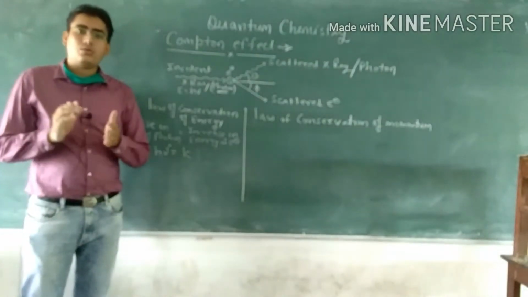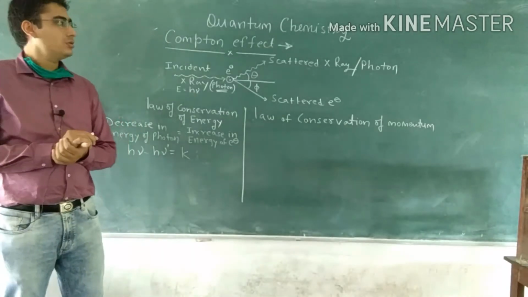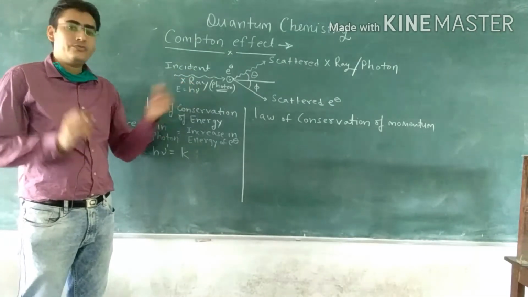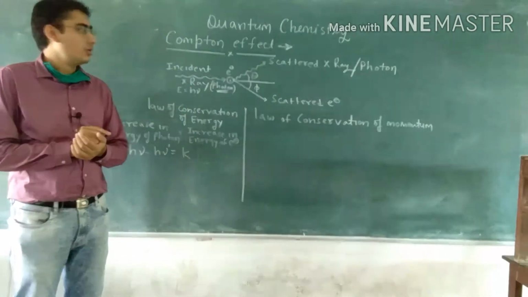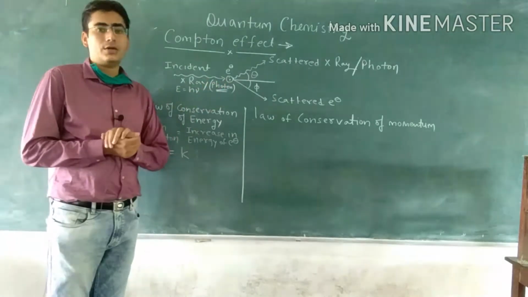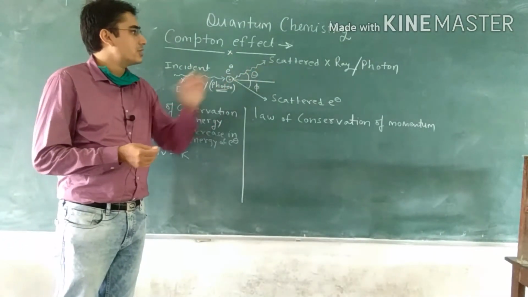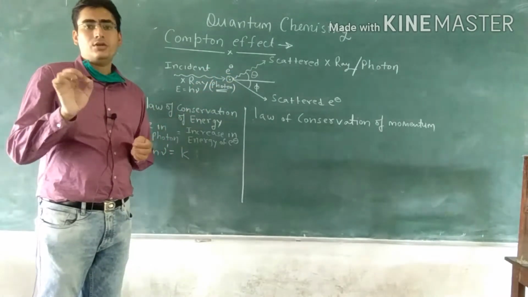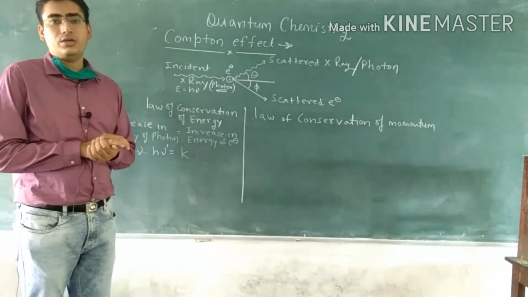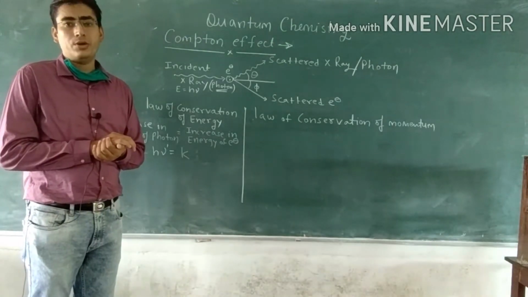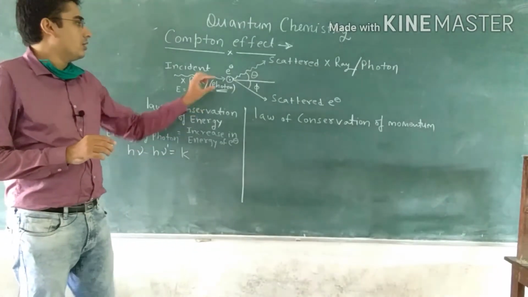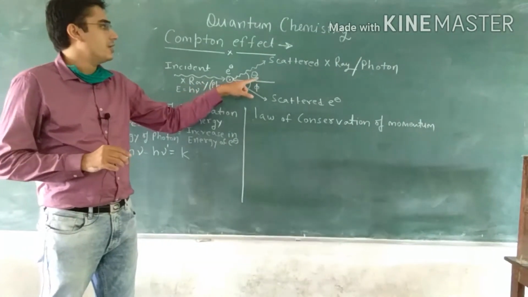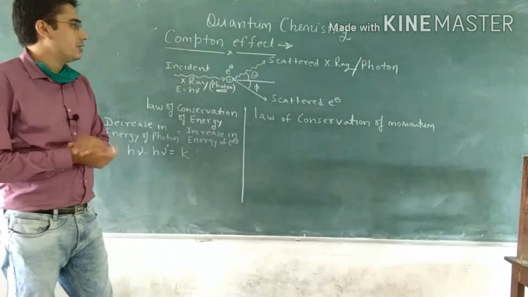Now we derive the Compton shift equation. There is a monochromatic X-ray which is made up of photons, and it strikes an electron, then scattering of the X-ray takes place. In this phenomenon, there is the law of conservation of energy and the law of conservation of momentum, and theta is the angle between the incident X-ray and the scattered X-ray.